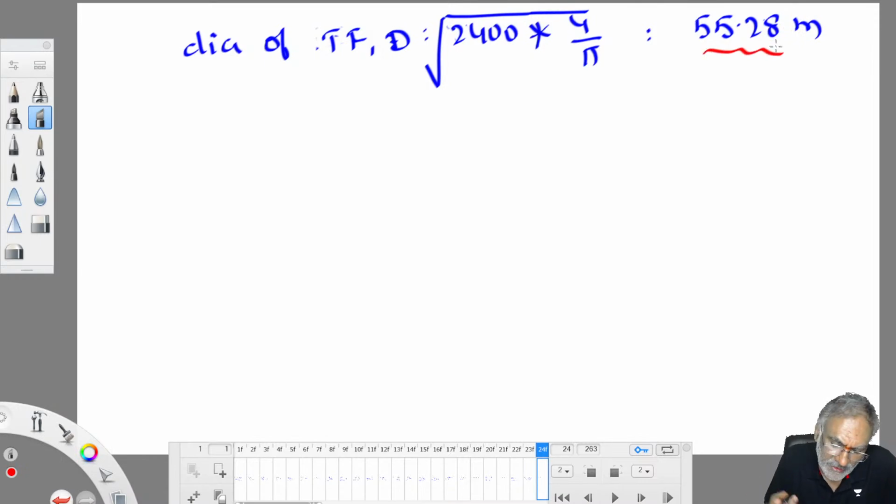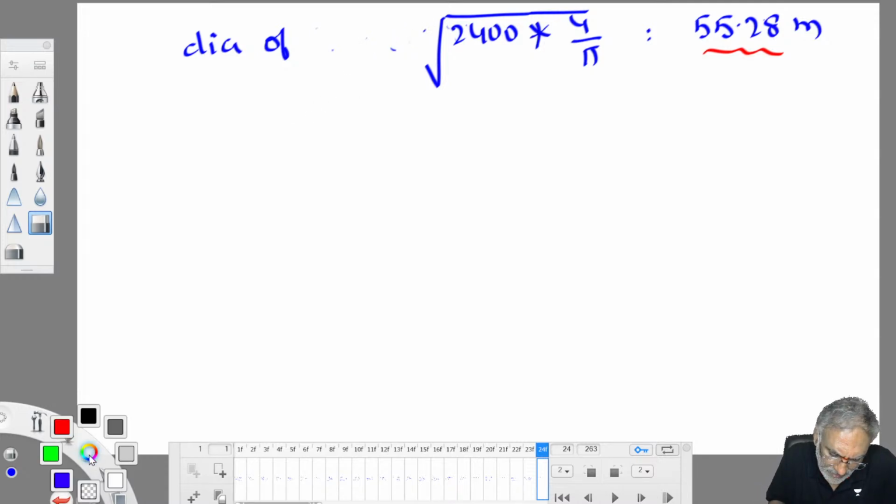So a 55.28 meter diameter trickling filter you have to construct. Standard rate means, see now, large space is required. Understood?